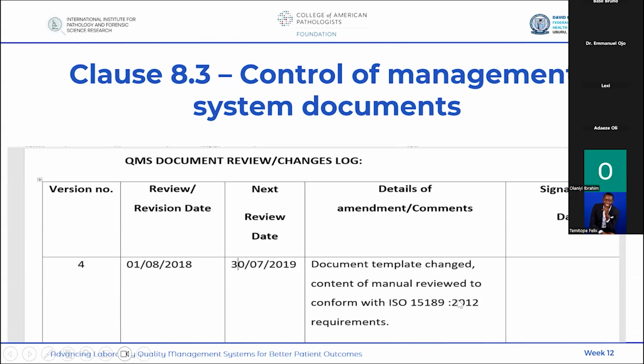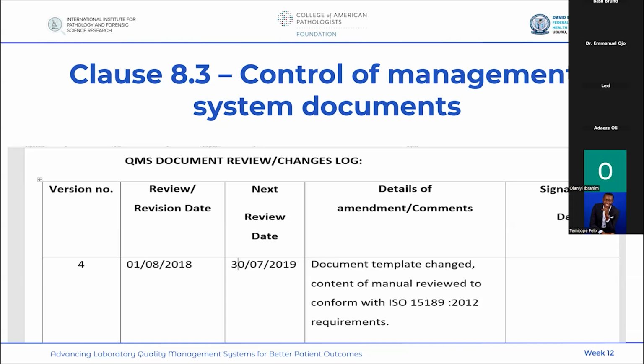amendments, especially for revision. For review, you simply sign off on it, that this is just maybe an annual review, and nothing has changed in this document. You simply sign and acknowledge that this has been reviewed, because it's a requirement that you review your documents.